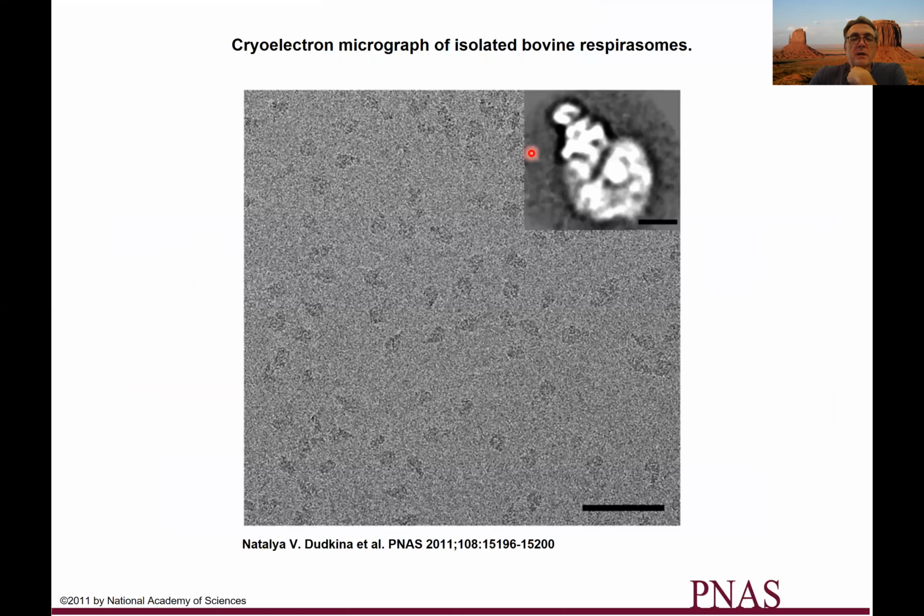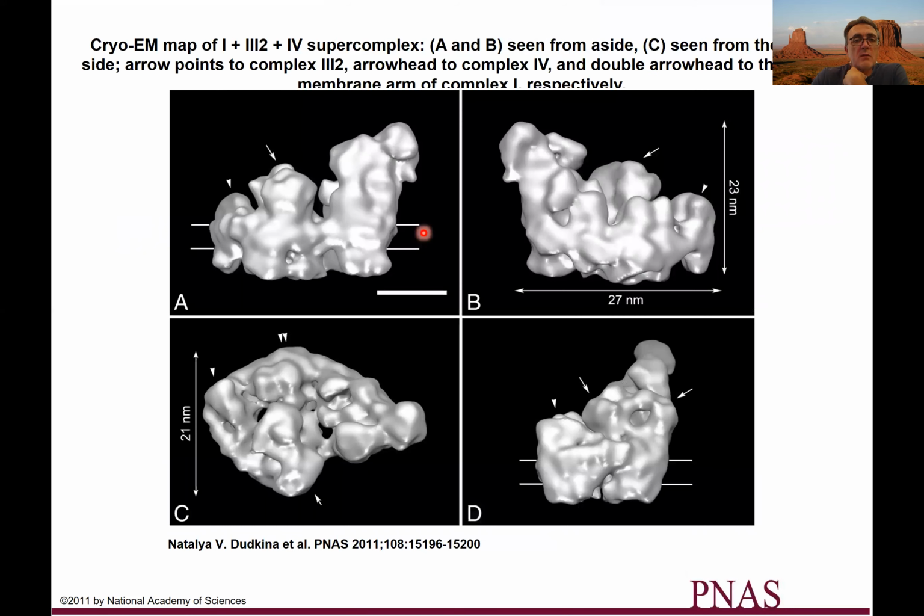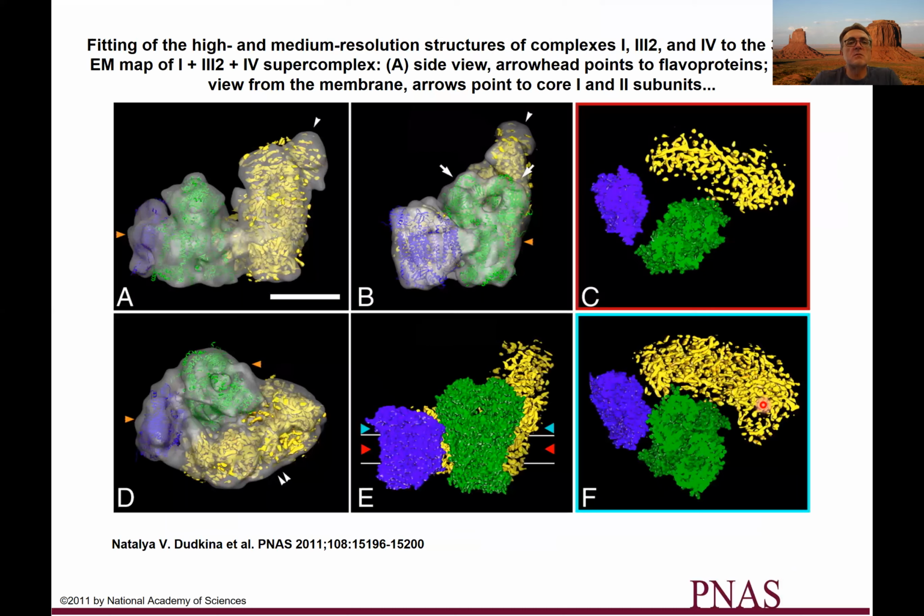All right. So, that's how they are. But somehow, if you isolate these complexes, let's say from hearts of cows here, you find them in some cases all together. They all come together, and this is one view with cryo-electron microscopy. I think this is a better view here.